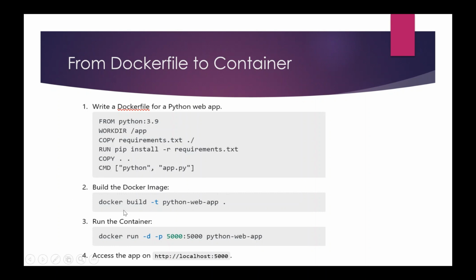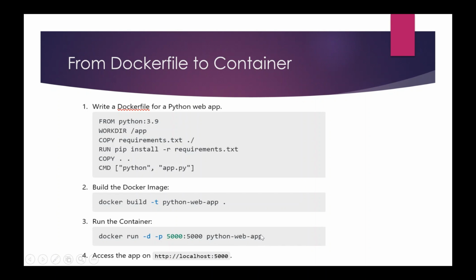Once your image is in some registry, you can either pull it with the docker pull command, or you can directly run the docker run command. You can specify the ports, like on which port you want your application to run, and finally the image name.